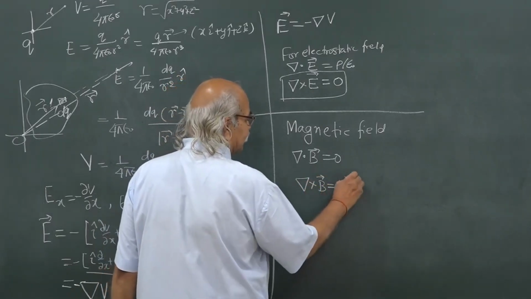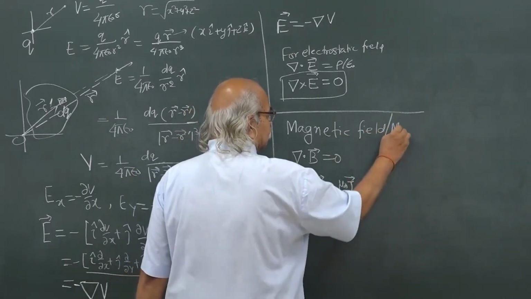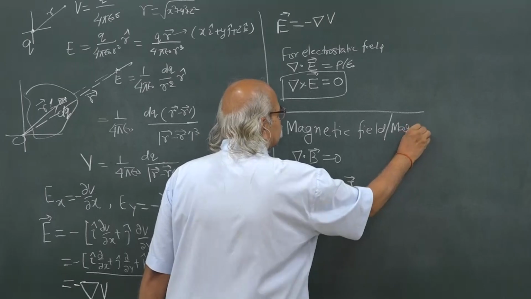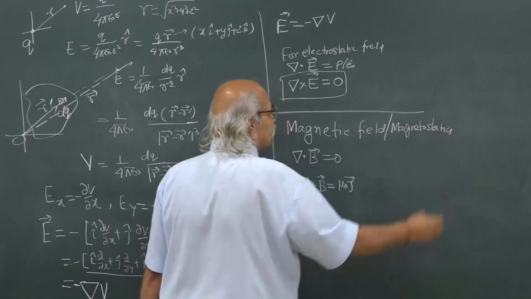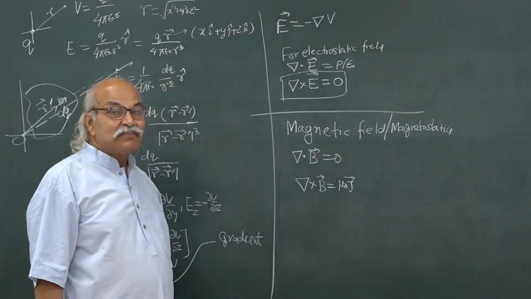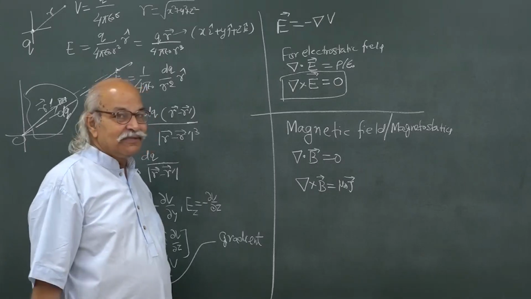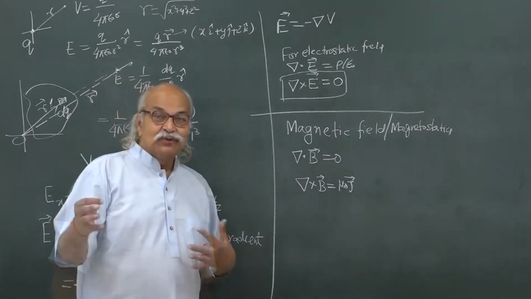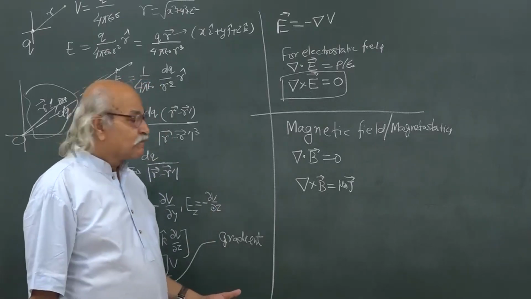Now, if I am writing this, it is magnetostatics. Steady currents. Magnetostatics means time independent current, not depending on time. Magnetic field not depending on time, electric field not depending on time, no change in the electric current density.